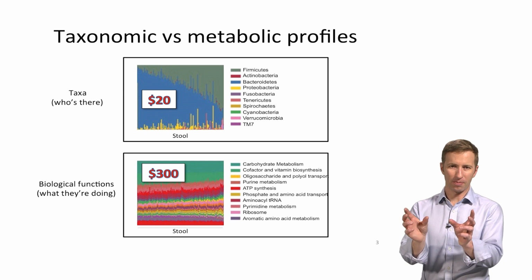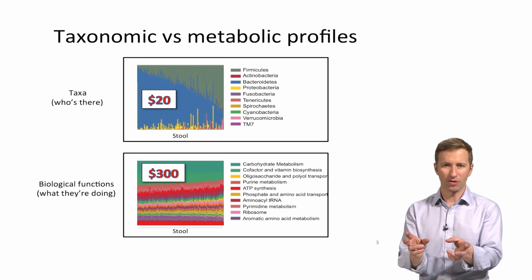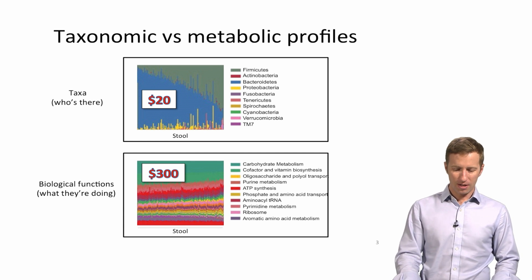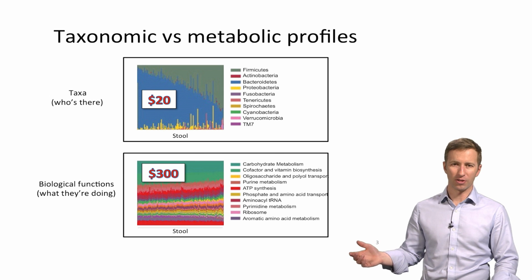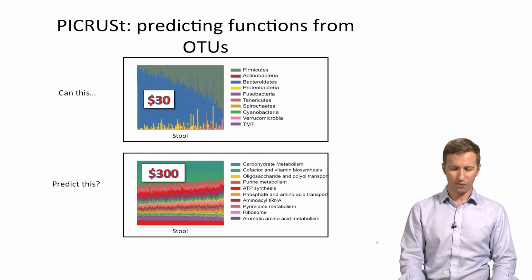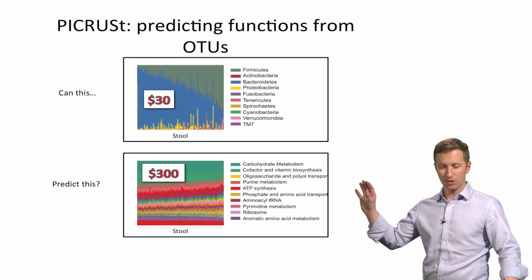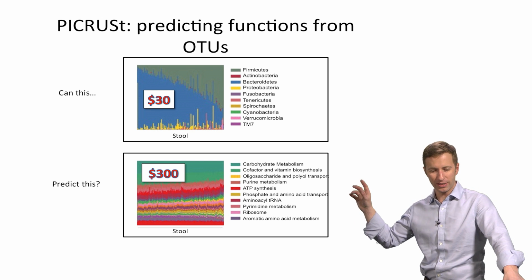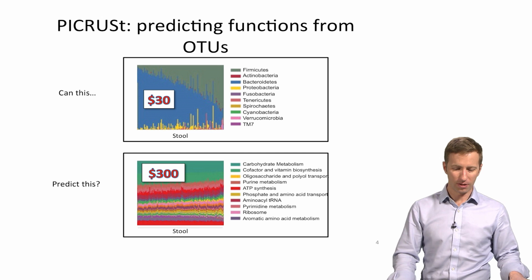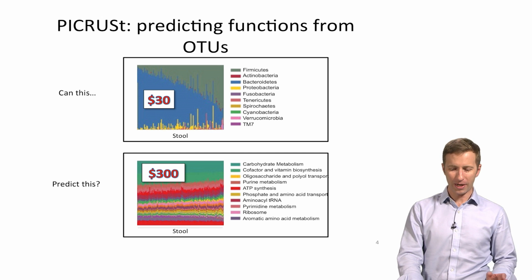We're no longer just amplifying part of the ribosome as a marker, but we're just chopping up all the DNA and sequencing it. So that costs more like $300 or $400. And the question of this video is whether or not we can use the taxonomic profile to predict the functional repertoire. And we're going to be doing that using this tool called PICRUSt.